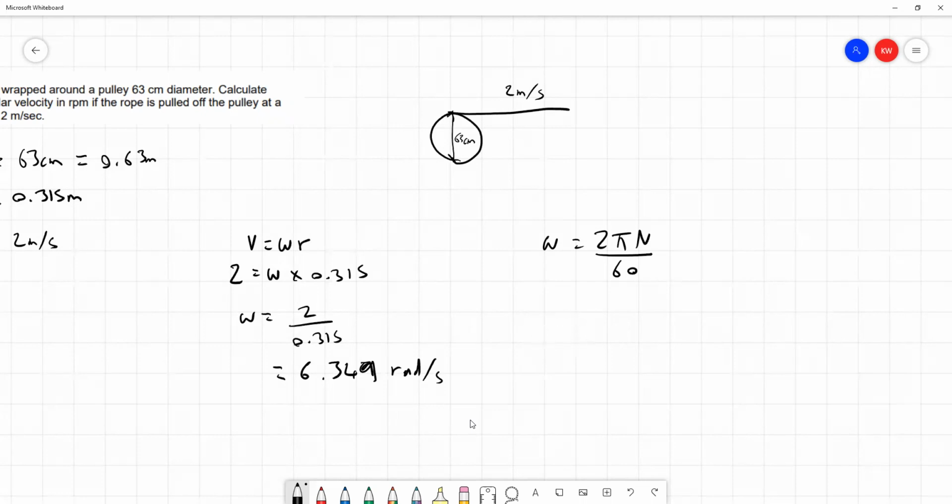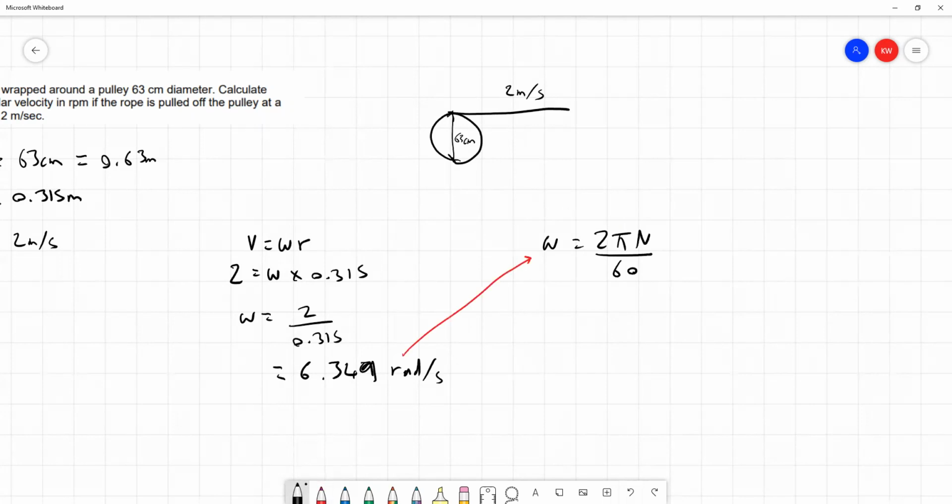multiply omega by 60 and divide by 2 pi. So in this case, our omega value in this formula is 6.349, and n is what we want to work out here.